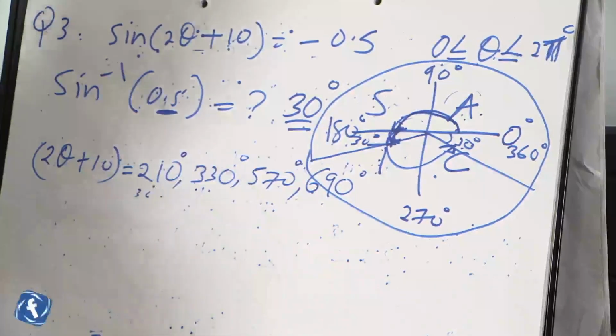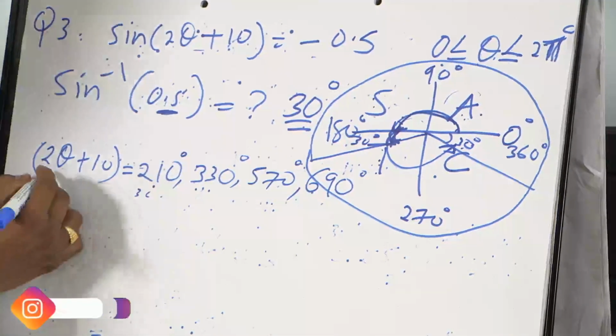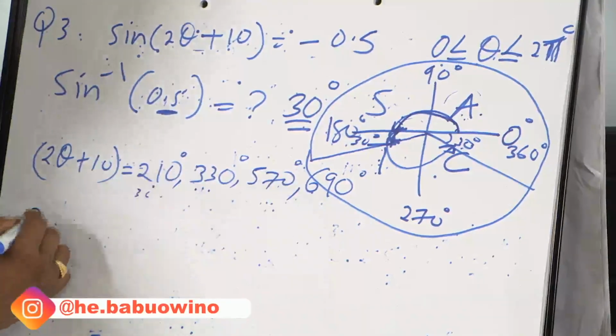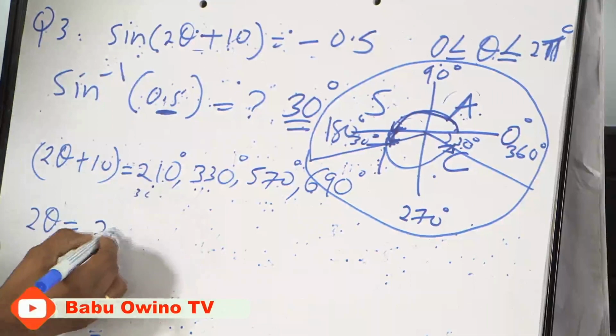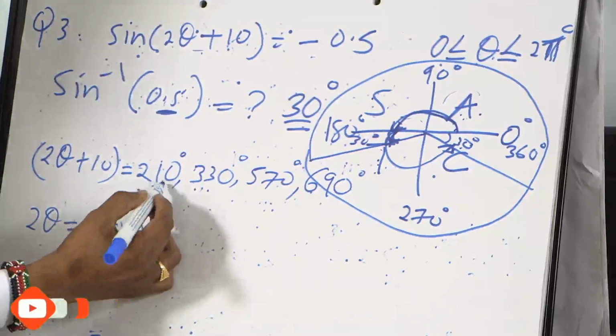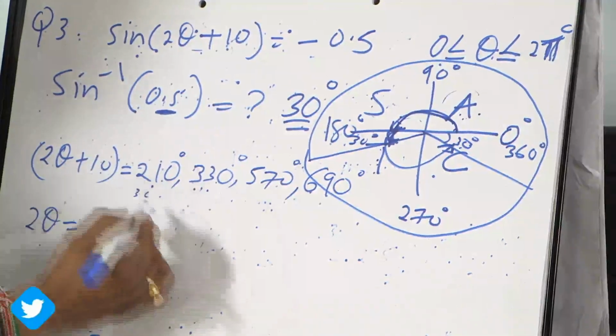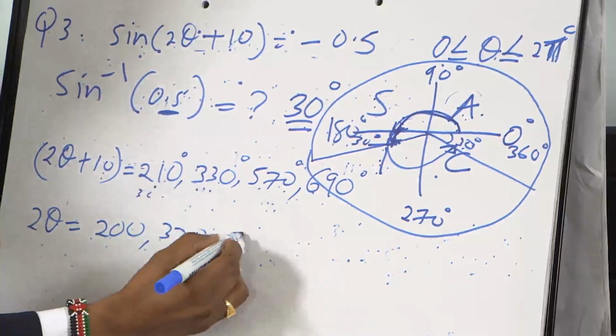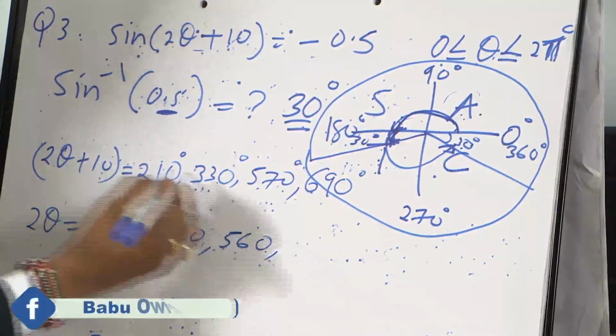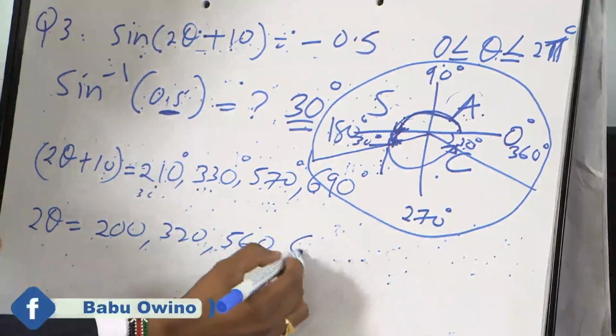These are in degrees. Therefore, 2 theta equals, when 10 crosses the other side, 210 minus 10, which is 200. 330 minus 10 is 320. 570 minus 10 is 560. And finally, 690 minus 10 is 680.